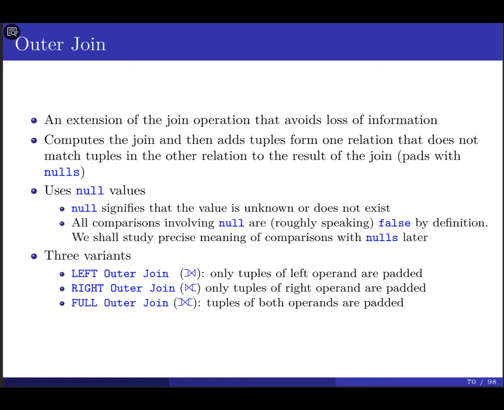Of course, we need to specify how we find the corresponding match: based on the condition of a common attribute in the natural join, and in the theta join based on the condition that we specify in the theta.